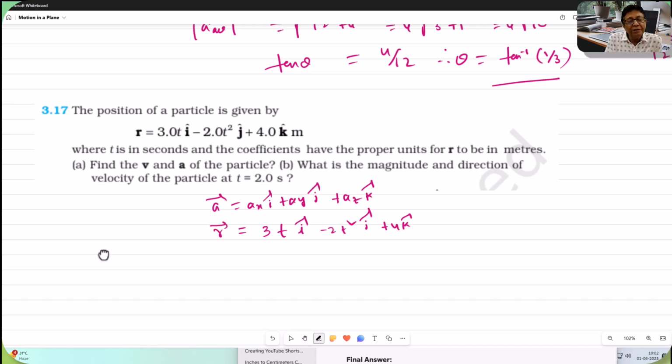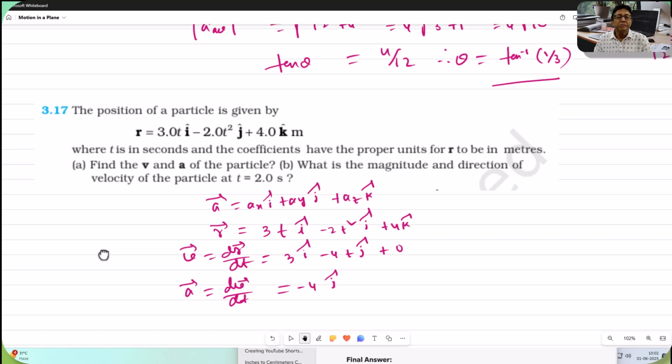Now you find the v vector first. dr by dt: 3i, 4t j, and this one 0. Acceleration how to get? Acceleration is dv by dt. This is going to be 4j.